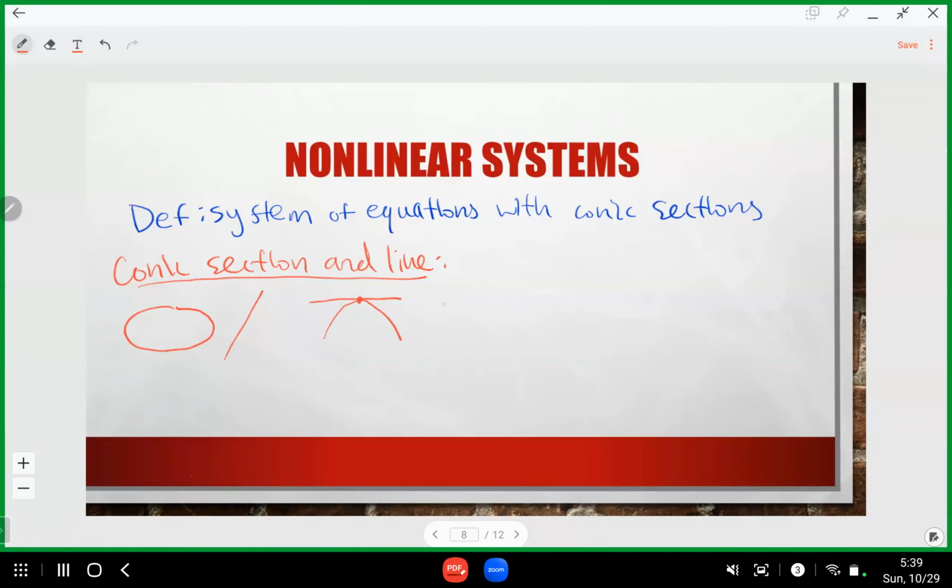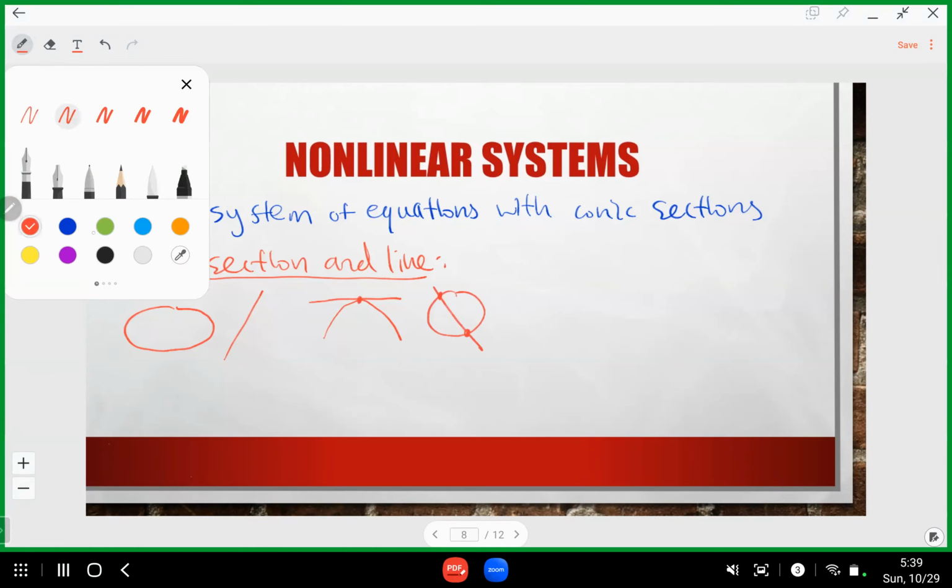That's one solution. An ellipse with a line through it. That is two solutions. So the most you can have with a conic section and a line is two solutions. What about two conic sections?